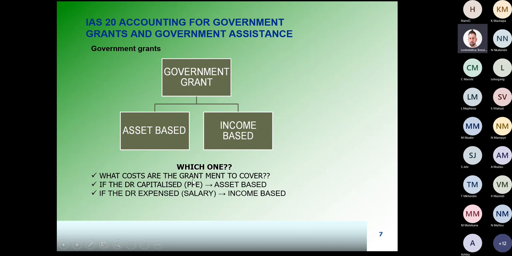What cost is the grant meant to cover? If we're going to buy an asset, PPE, then it will be asset-based. If the grant is there to subsidize a salary or some cost of sales or research cost in the income statement, so if it is linked to an expense, then it will be income-based. So our expense will be less because we get the subsidy from government. So you must look carefully. Is it asset-based or is it income-based?